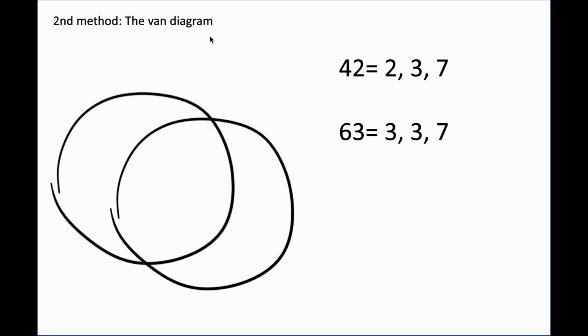Here's the second way. The second way is to use the Venn diagram. You're going to draw 2 circles like this, and that's your Venn diagram. We have our factors. In this circle, we're going to write down the factors of 42. In this circle, we're going to write down the factors of 63. And in the middle, we'll put the ones that are in both of our lists.